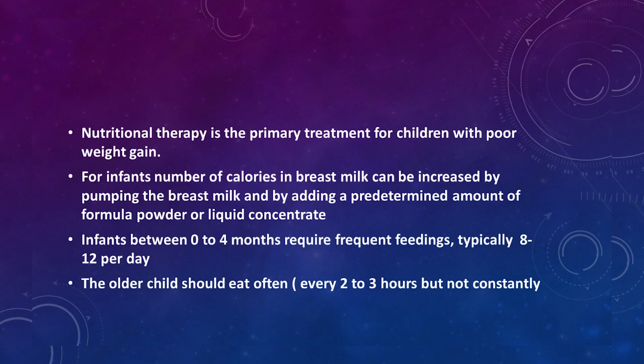Actually, the main cause of underweight is malnutrition, or not getting good quality food and the nutritional requirement. So, the main treatment is giving supplementation to the child, a good quality of food and its nutritional requirement.